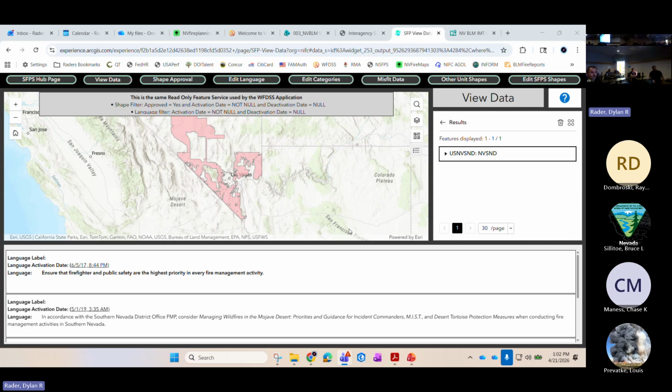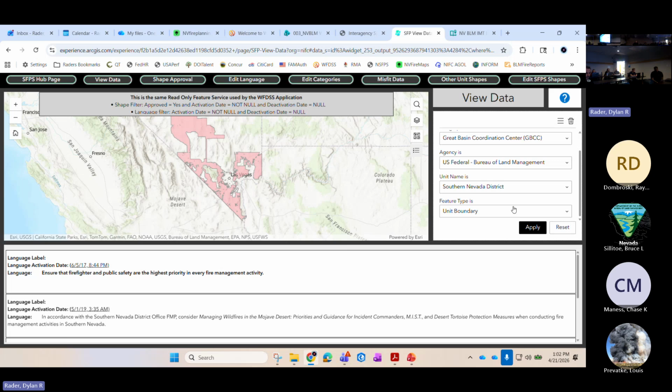It is separate, but they're also related to each other. WFDSS reads from the Spatial Fire Planning Service, and all of the data that goes into WFDSS is entered into the Spatial Fire Planning Service by fire planners called data managers. You guys are lucky enough to have Kate as your fire planner here in the state of Nevada, and she does a very good job with the Spatial Fire Planning Service.